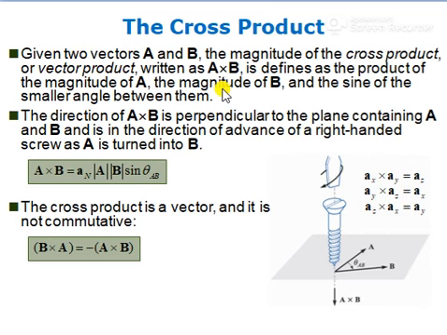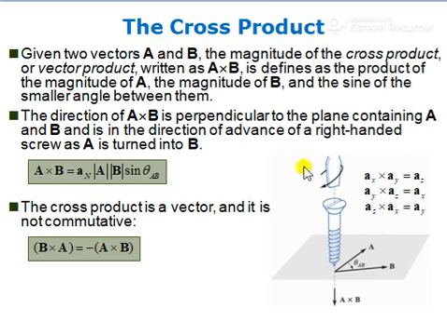When vector A is turned to vector B, the right-handed screw decides the direction of the cross product. If you can see here, vector A is there, vector B is there.